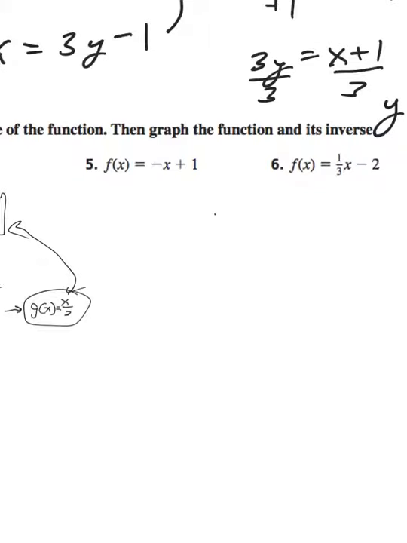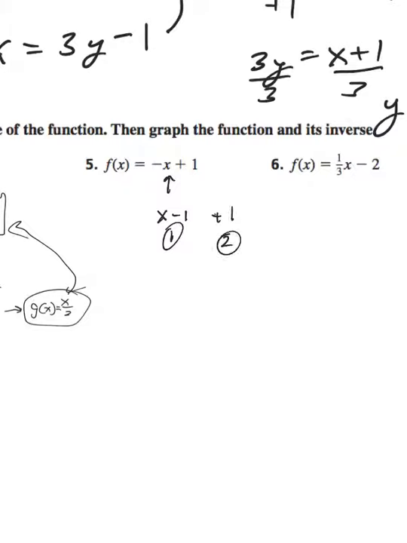So number 5. What's the first thing we do? We look at the x. The first thing that happens is it gets negative, let's say multiplied by negative 1. That's our step 1, and then step 2 is add 1. Okay, so let's do this in reverse.